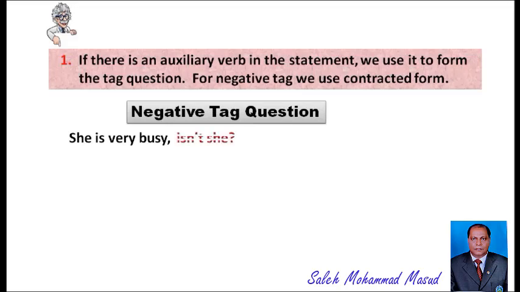She is very busy, isn't she? Here the contracted form of is not is isn't. You are happy, aren't you? Here, the contracted form of are not is aren't.